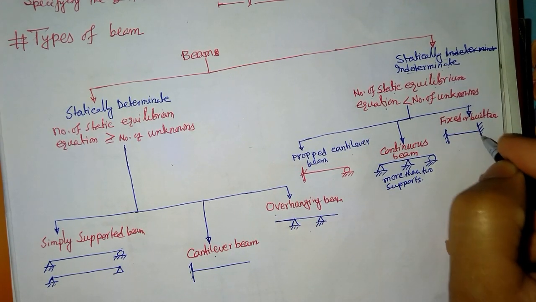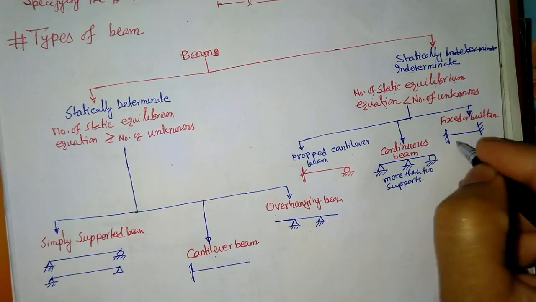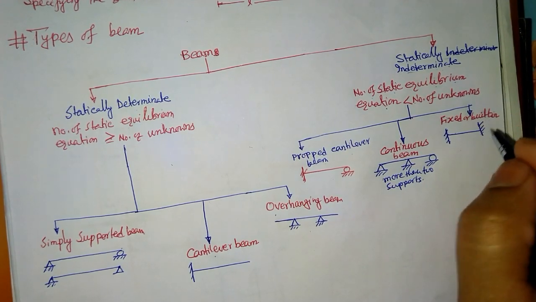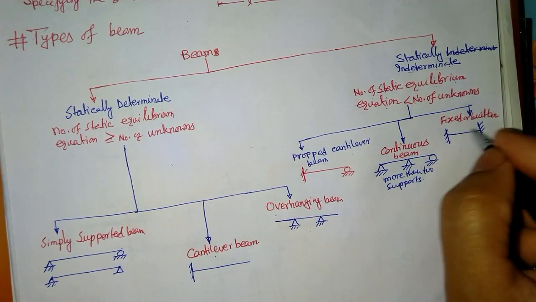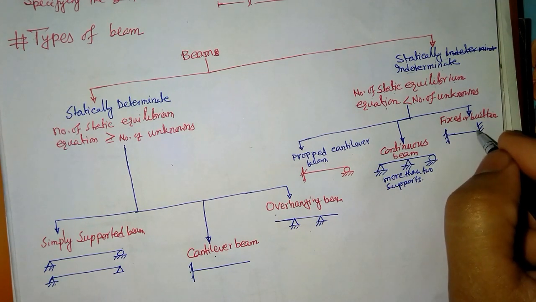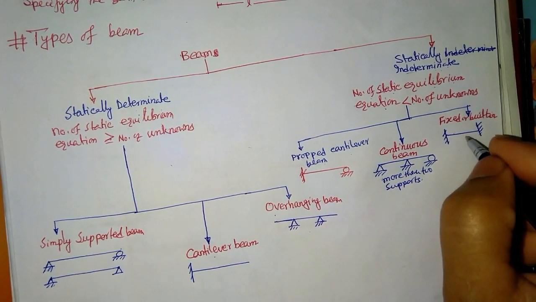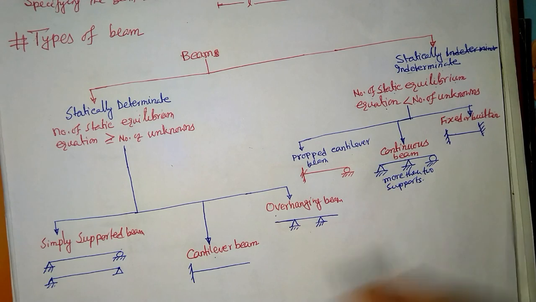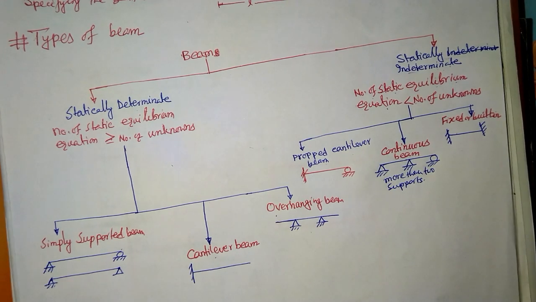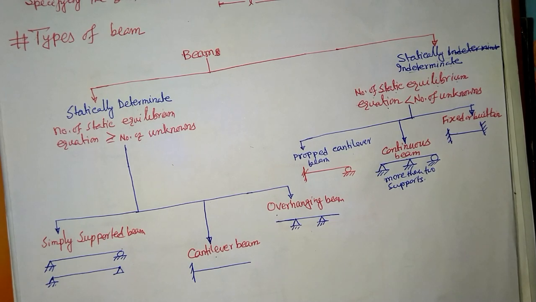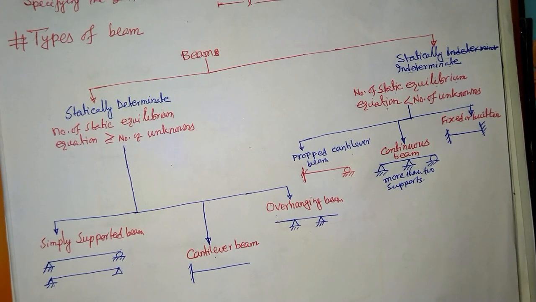If both the edges or sides are fixed or built in, meaning inserted into some wall, then we call this a fixed or built-in beam.